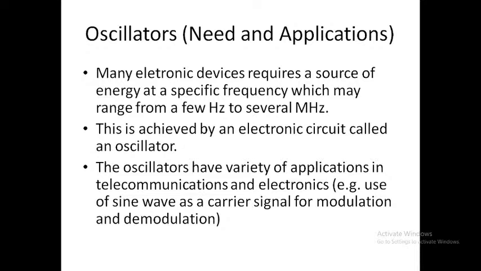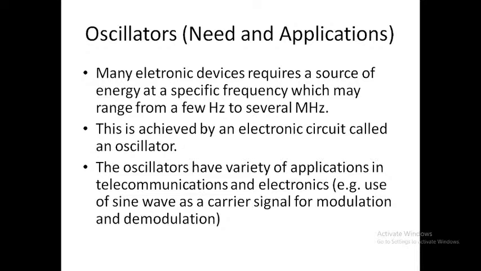Oscillators have a variety of applications in telecommunications as well as electronics. For example, we can use the sine wave as a carrier signal. You may have studied in your communication subject that the sine wave is used as a carrier signal for modulation and demodulation. While studying, have you ever wondered from where we are getting this carrier signal?